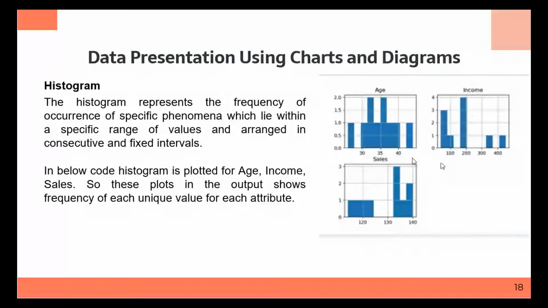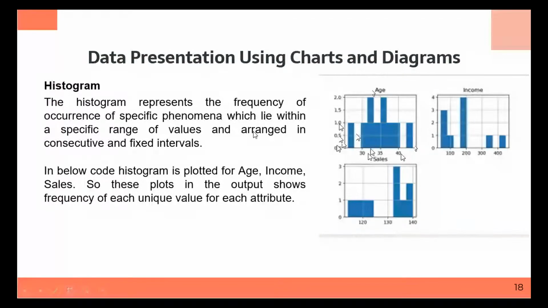You can see we have age, and from here 0 to 30, 30 to 35, 35 to 40, and 42 the last number. And here we are showing the points 0 to 5, 5 to 10. How many people are there?